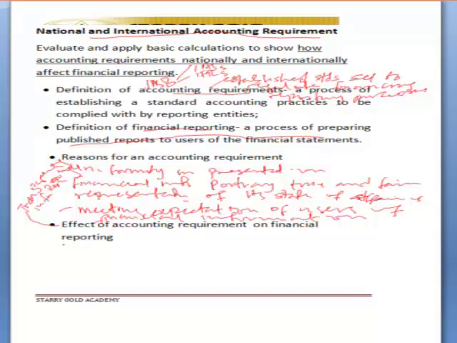For instance, let's say JC Limited bought school bags. Let's take for example he bought 1,000 school bags for 2 naira 50 kobo each.